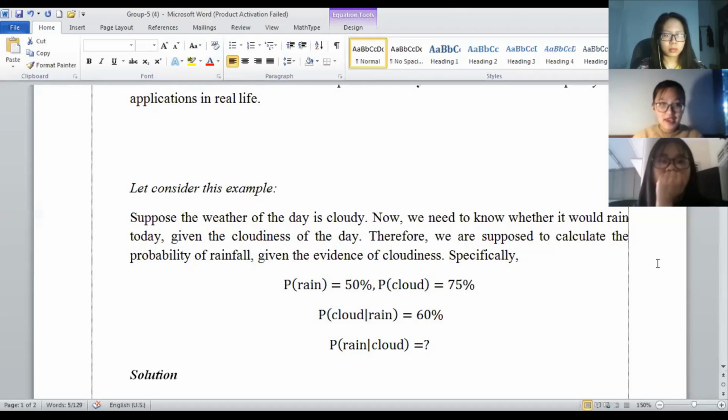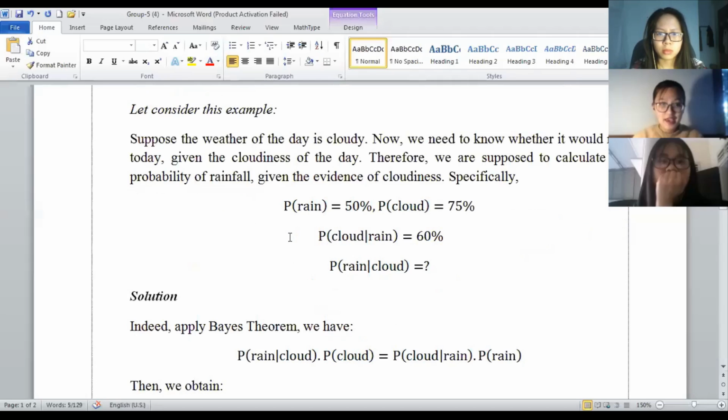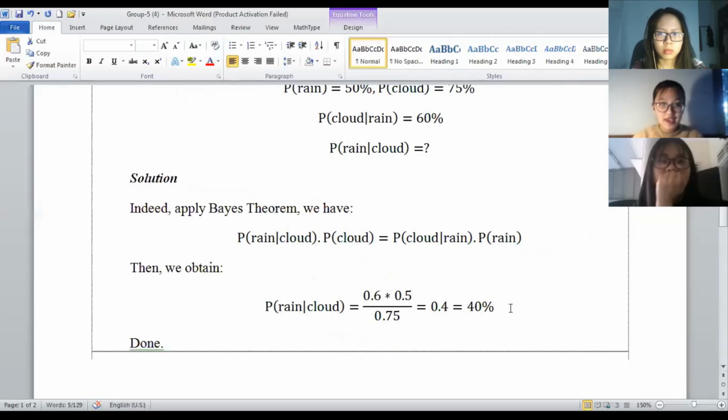When we apply Bayes' theorem, we will have the probability of rain given cloud times the probability of cloud equals the probability of cloud given rain times the probability of rain. It's the formula we saw before. Can you understand, you guys?